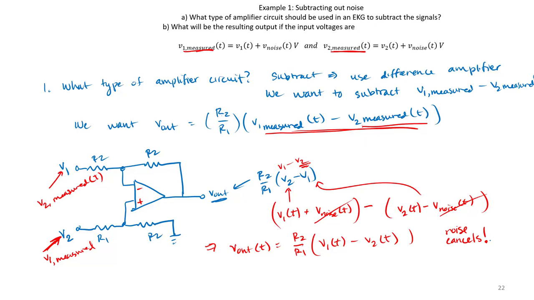So this is a really powerful application of a difference amplifier. We are able to subtract two signals and amplify the result by whatever ratio of resistors we have provided. So not only can we subtract out the noise we don't want, but we can amplify the difference that results. This is a very powerful technique that is often used when we need to measure some signals very precisely.